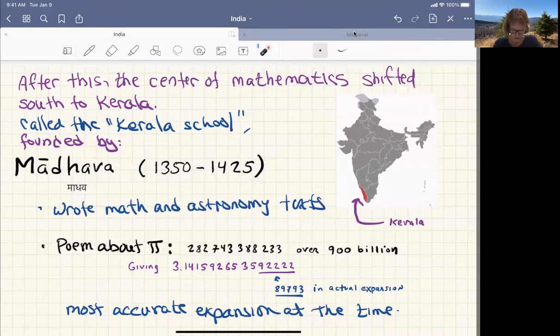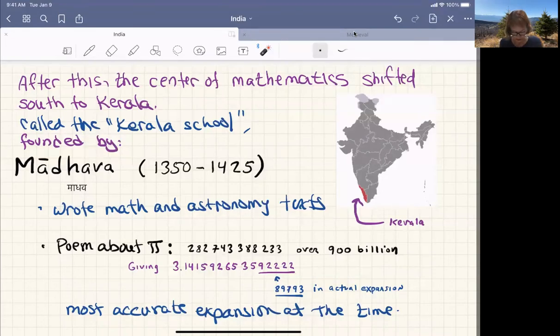And so this was known as the Kerala School, and it was founded by Madhava. He lived 1350 to 1425.